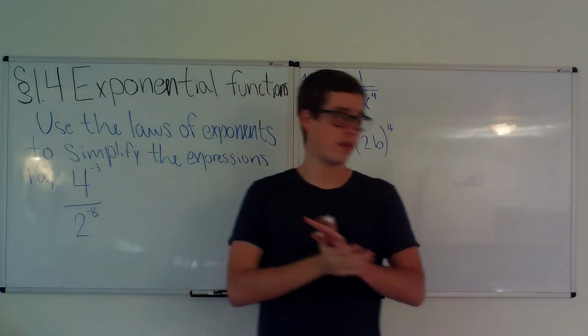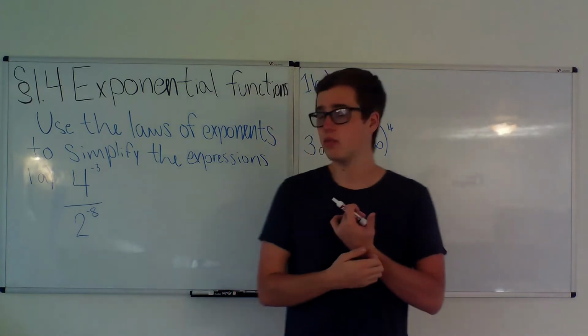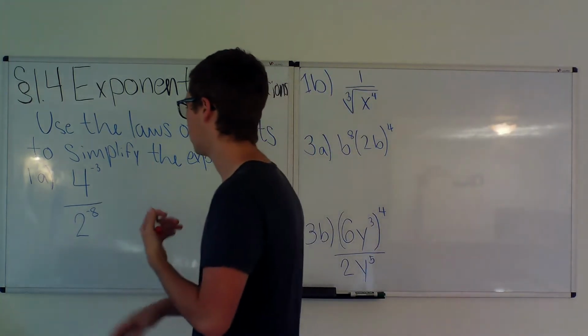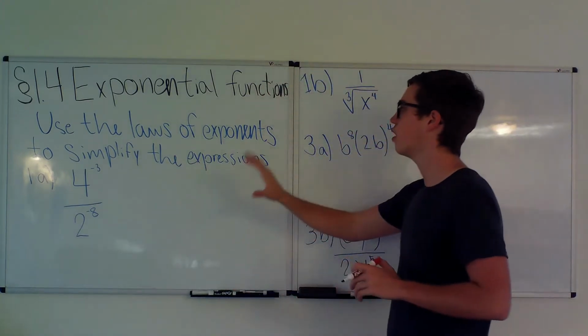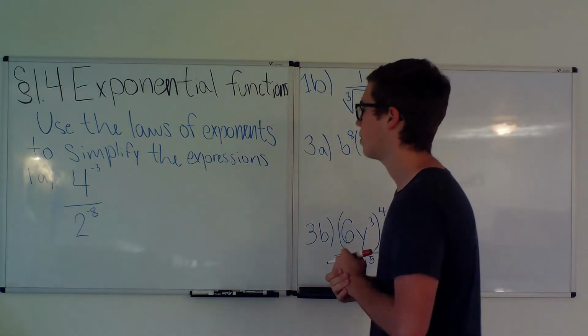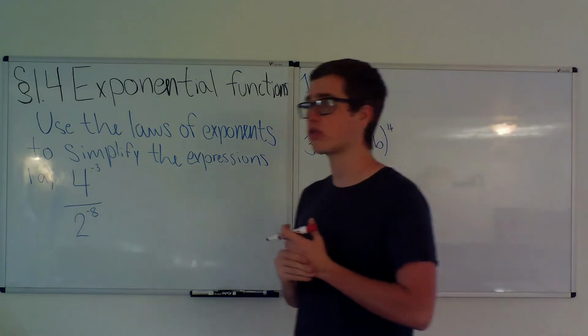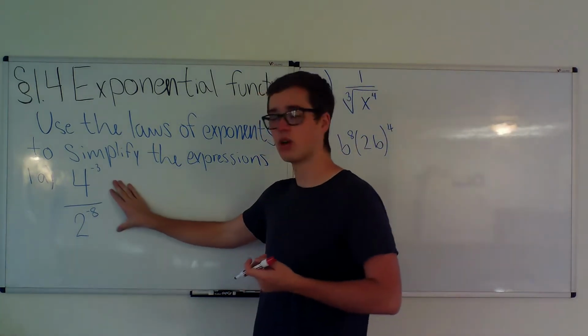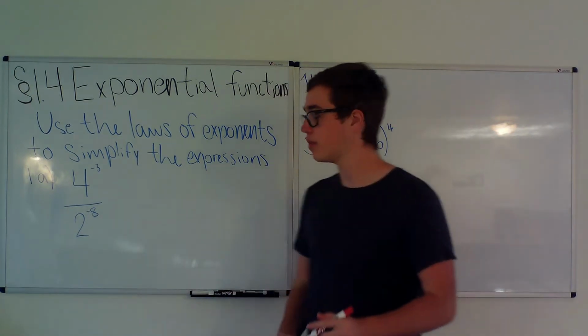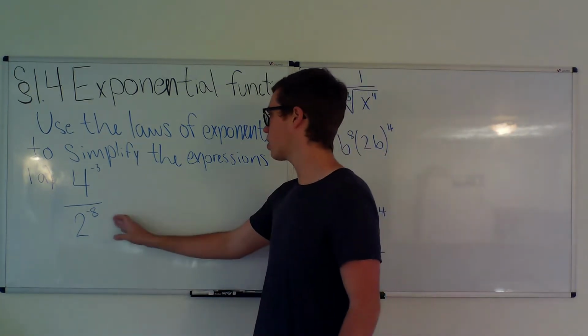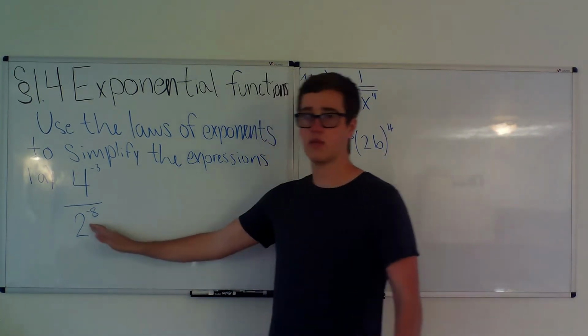Alright, now that we have the law, we can move on to the questions. So this is asking us to use the law of exponents to simplify the expressions. So pretty much what we're trying to do is make this into the smallest form possible, right? So we're trying to just break it down. So the first thing we see is, well, this would be great if it was a 4.